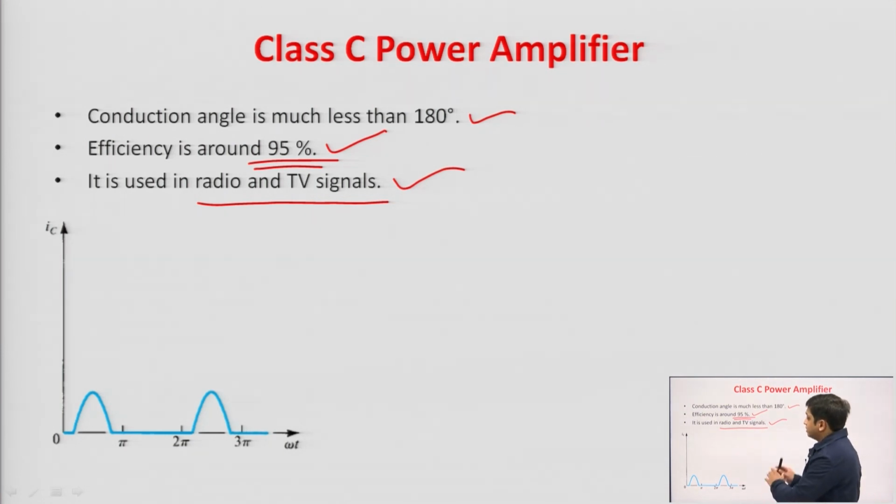Since the conduction angle is very much lesser than 180 degrees, we get sharp pulses, and it is used as the carrier waves in radio and TV signals. That is very much required there, because efficiency is a very major factor in the transmission of radio and TV signals. That is why we use class C amplifier there, because the efficiency is highest, 95%, and the lowest efficiency we are getting is from class A power amplifier, that is 25%.